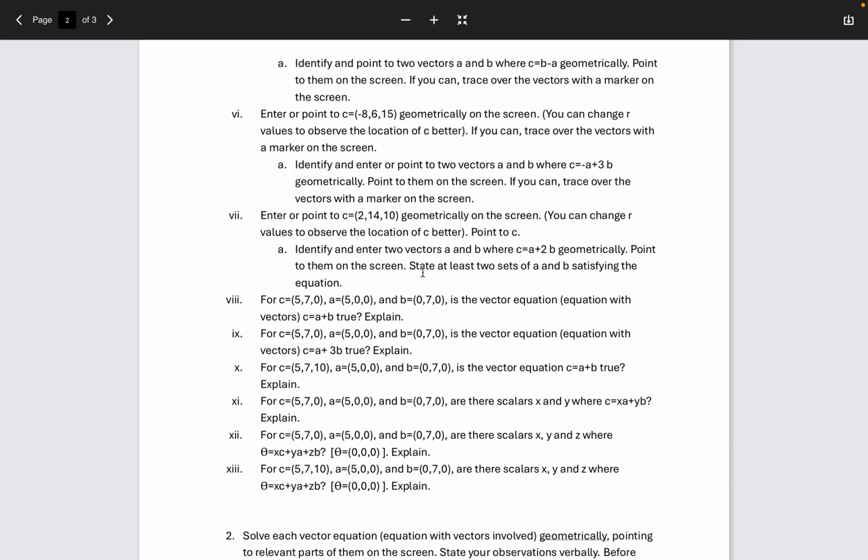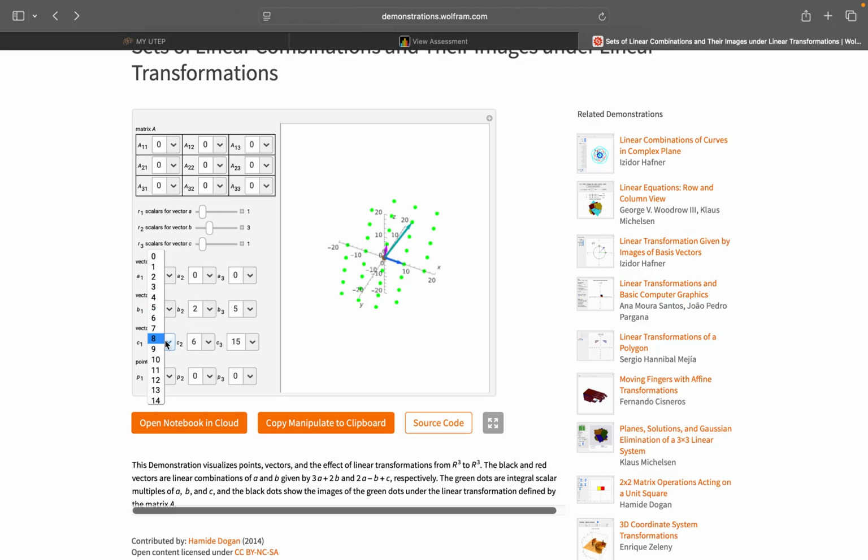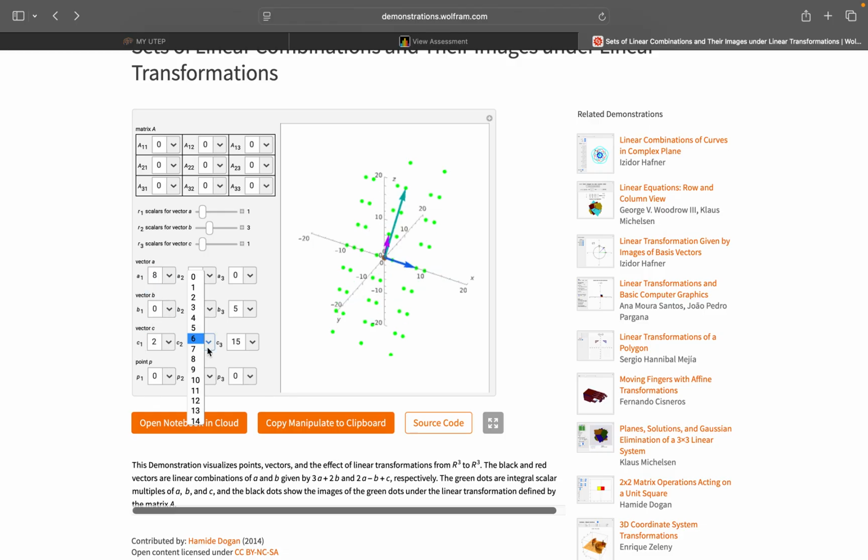And then we have 2, 14, and 10. Okay, this is our C vector. We go back to 1. C vector right here.